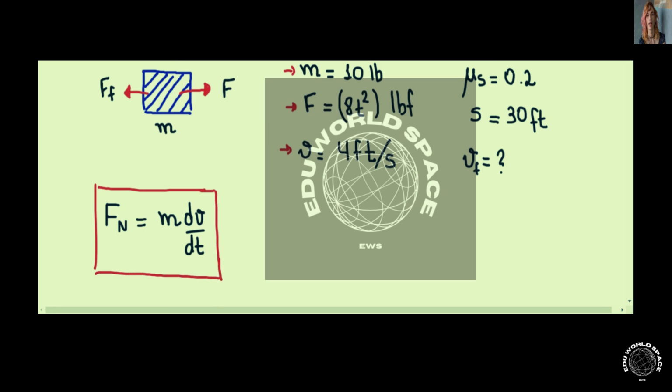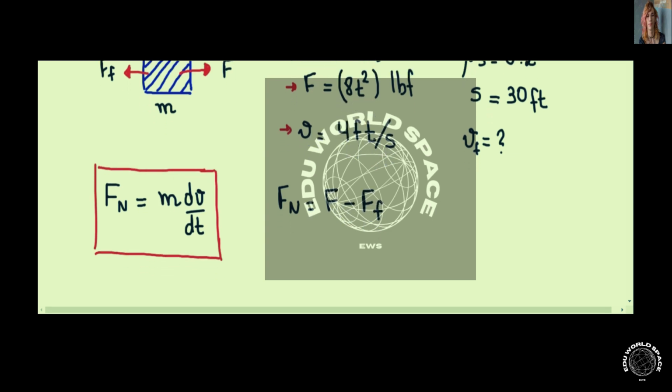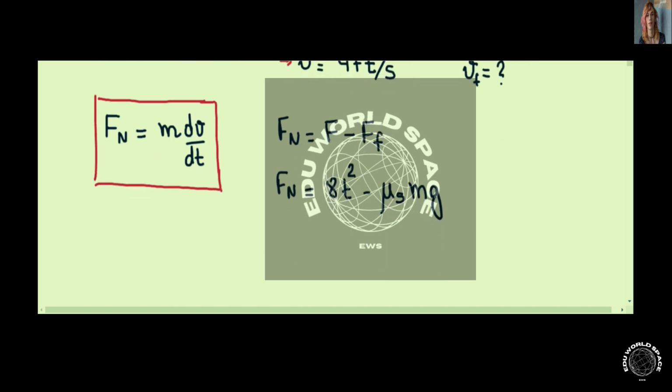Now notice that in our case, the net force, Fn, is equal to the sum of the forces. So we have the force of 8t squared minus the friction force, which I'm calling Ff. So notice that F is 8t squared, and the friction force is mu s times mg. Okay, this is the formula for the friction force.